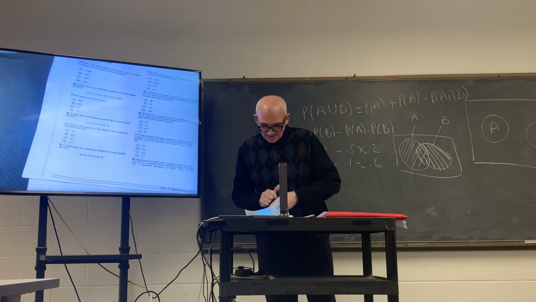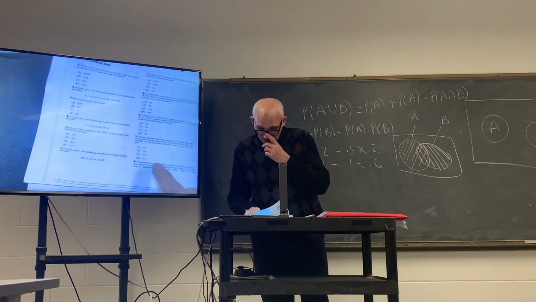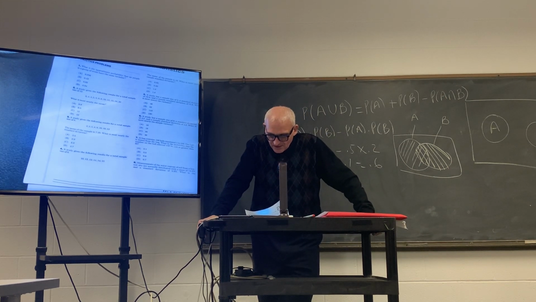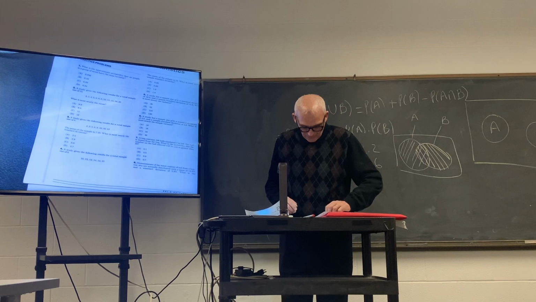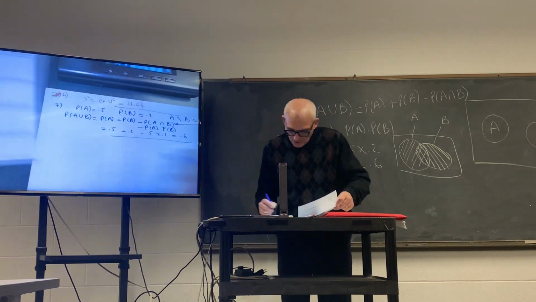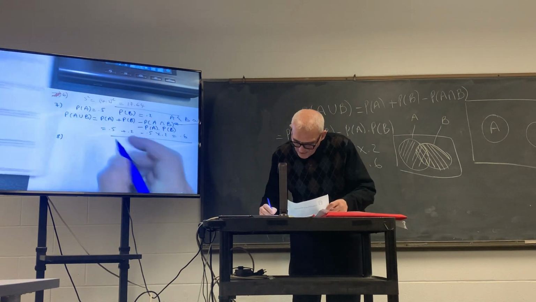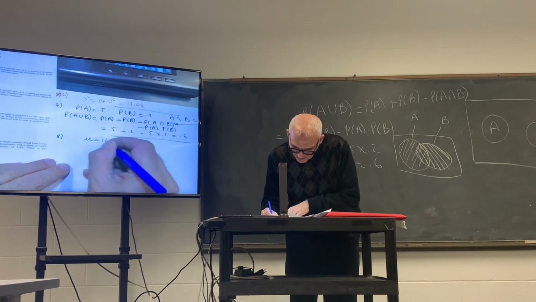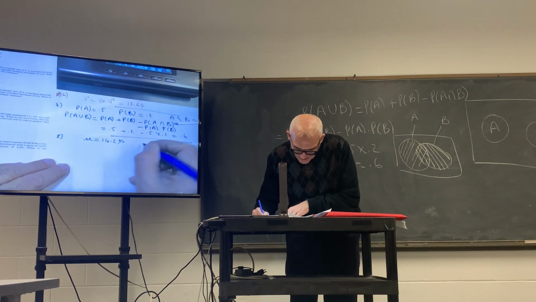Okay, number 8. Measurements of the water content of soil from a borrow site are normally distributed with a mean of 14.2. So now we have normally distributed data. Mu is 14.2%. Sigma is 2.3%.